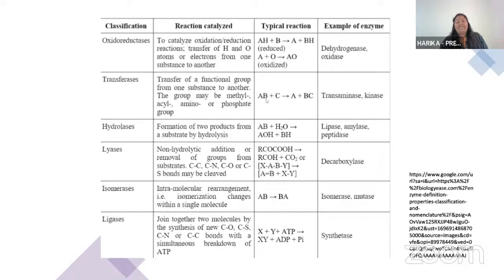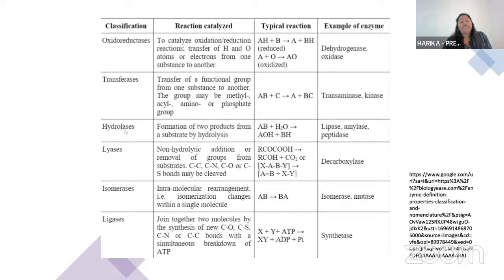Here you can see A and B are molecules and C is a different molecule. The B molecule got transferred to the C molecule, so now A became a different molecule and BC became a different molecule. Examples are transaminase and kinase.